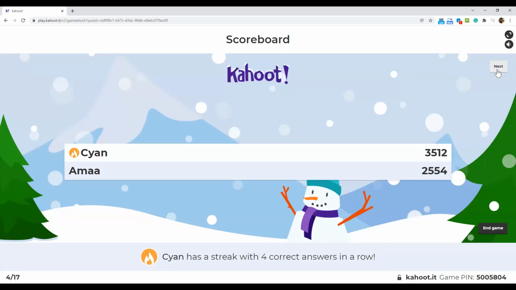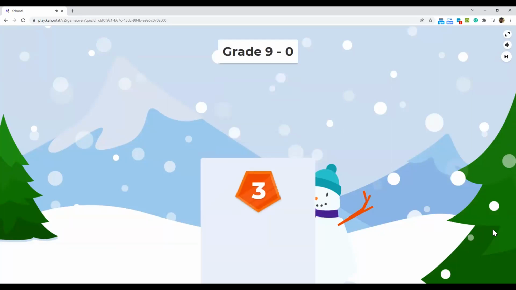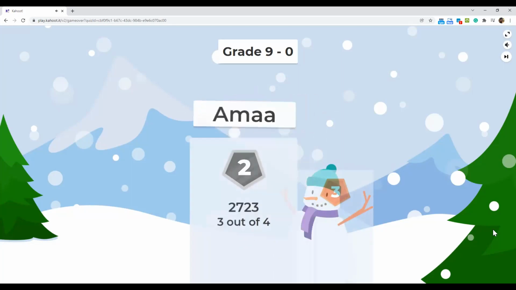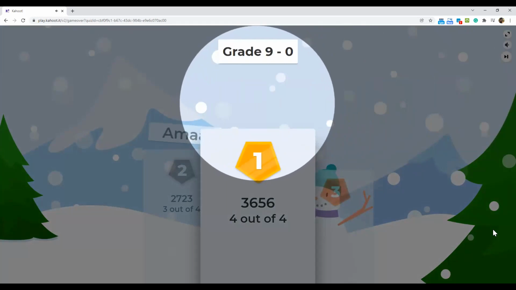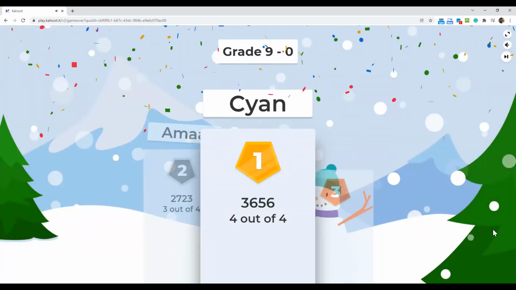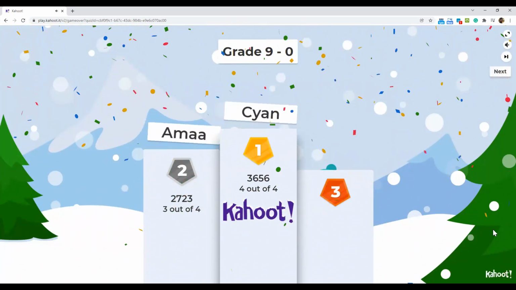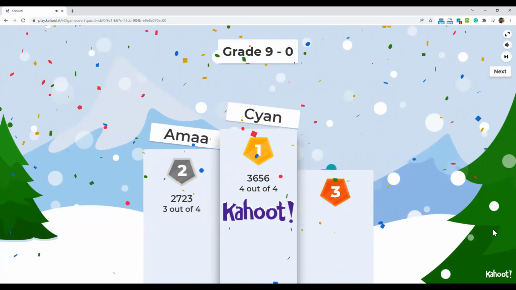So I will skip. I'm going to end the game, but I think you got the idea. So this is how the game works. So I usually prefer this way to learn from MCQ ones.